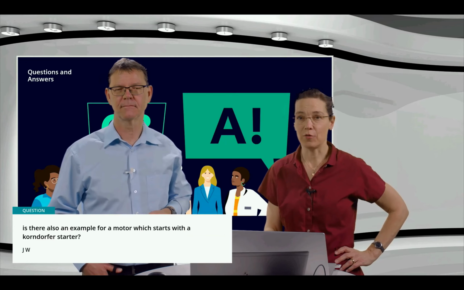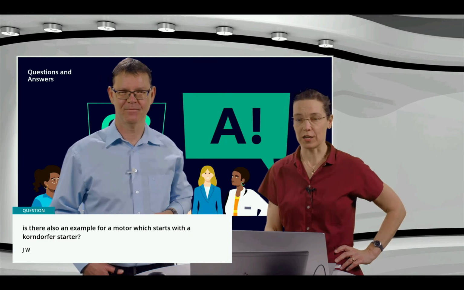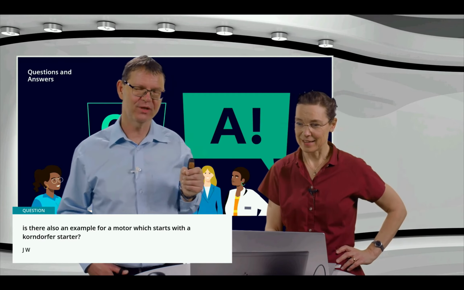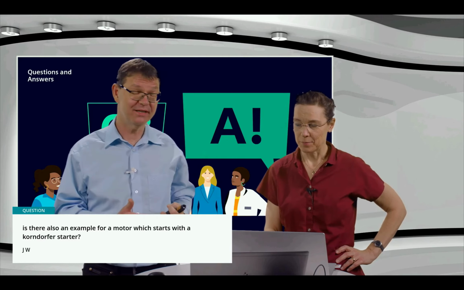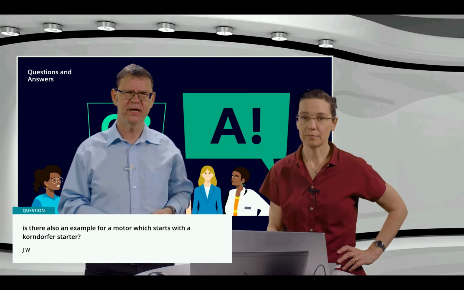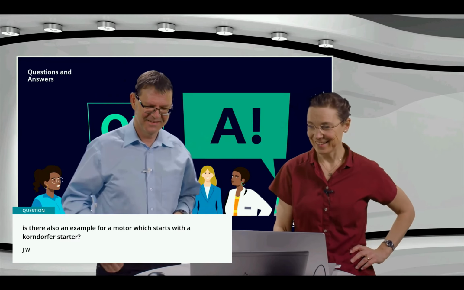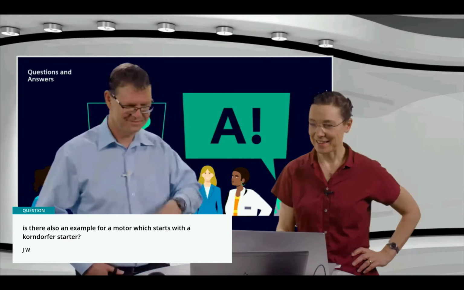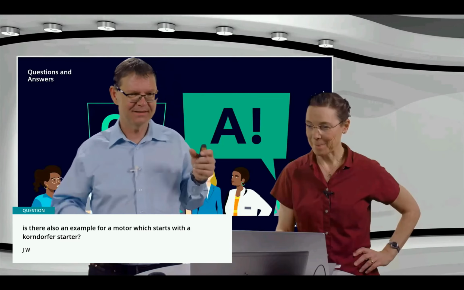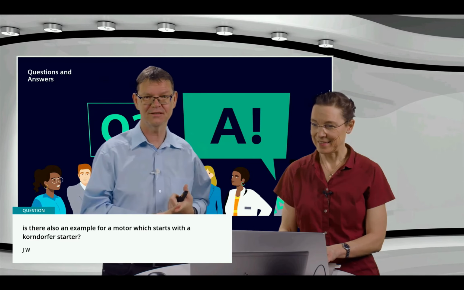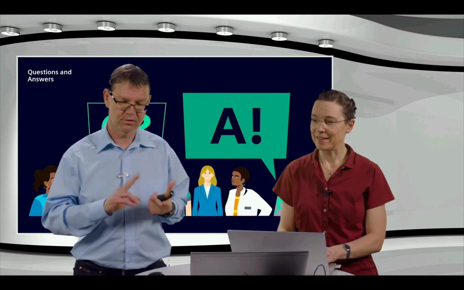Homework. Check that. And then JW wants to know, is there also an example for a motor which starts with a Korndorfer starter? Yes, this brings me to another point. We have a brochure, or we call that Motor Protection Application Guide. It's 84 pure pages and a little bit of side dish around, like the front page and some editorial. Pure information about motor protection. And there's also one example with a Korndorfer starter. Basically, for those who don't know that, it's an auto transformer.